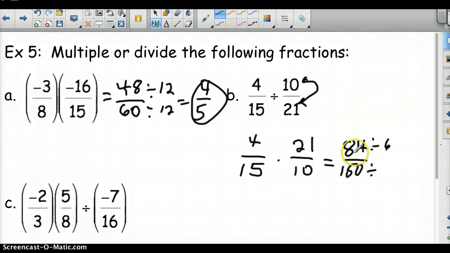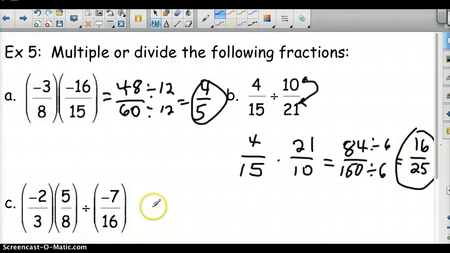Well, 84 divided by 6 is going to be 16. And 150 divided by 6 is 25. 16/25 is in lowest terms.